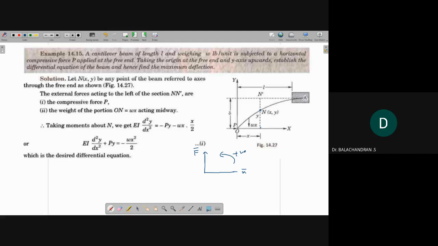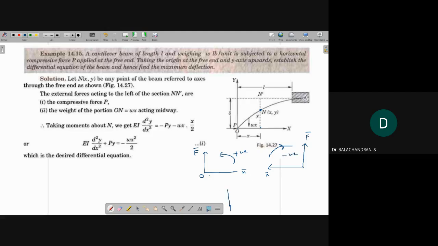This is positive. Here you are taking moments about N. I will take the origin here, but you should consider N only here. Now here this is F, this is X, and this is anti-clockwise direction, so negative sign.